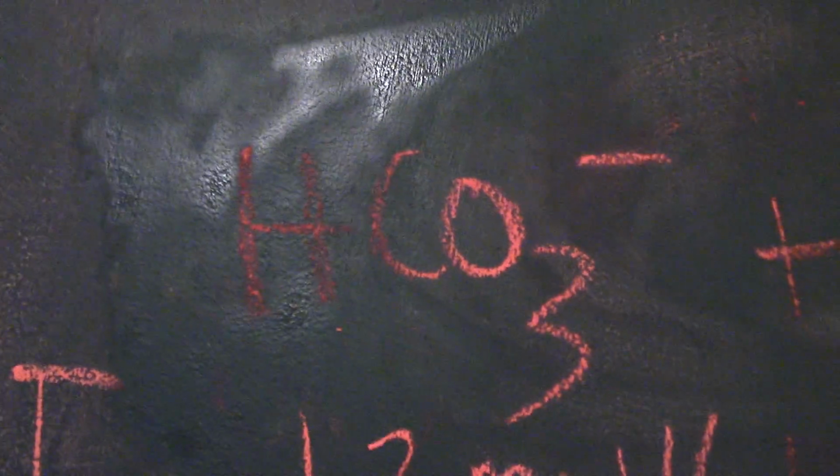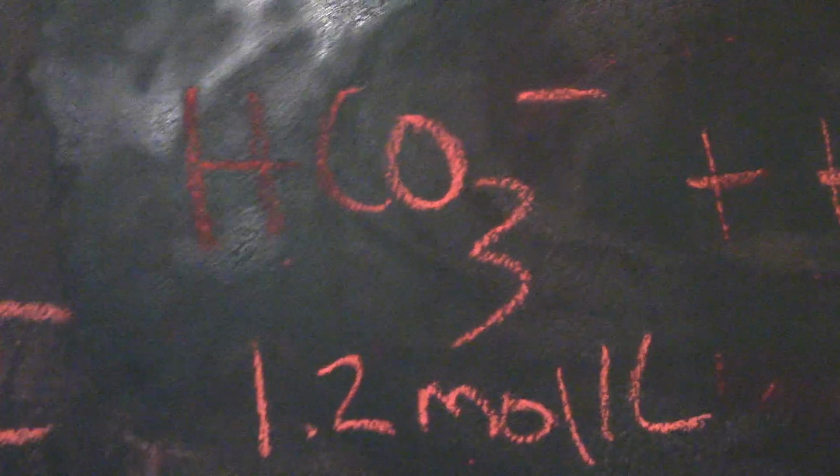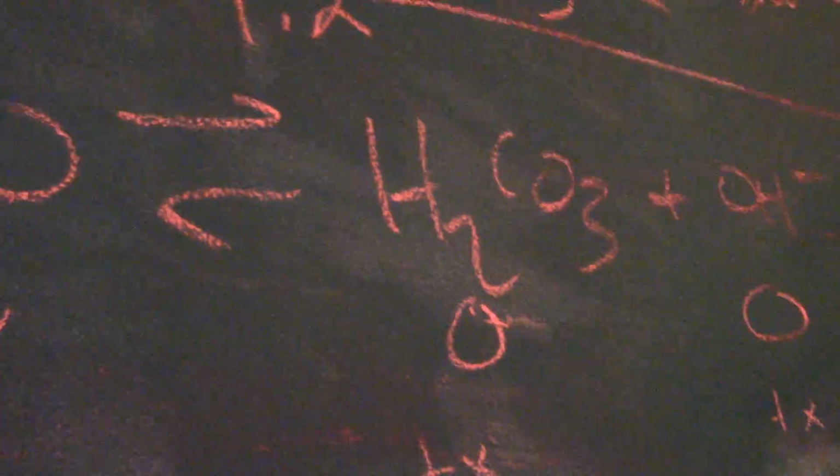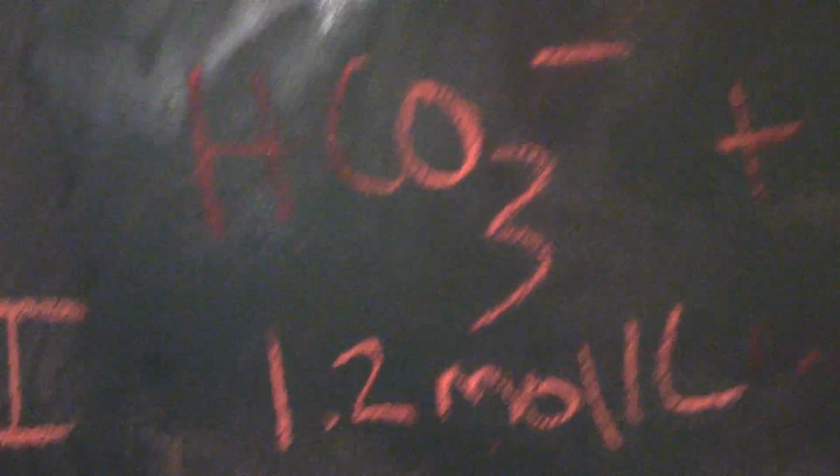So I have Ka for HCO3 negative on my chart. The hydrogen carbonate and the carbonic acid equation gives me a Ka. There's a lot to do in this question.